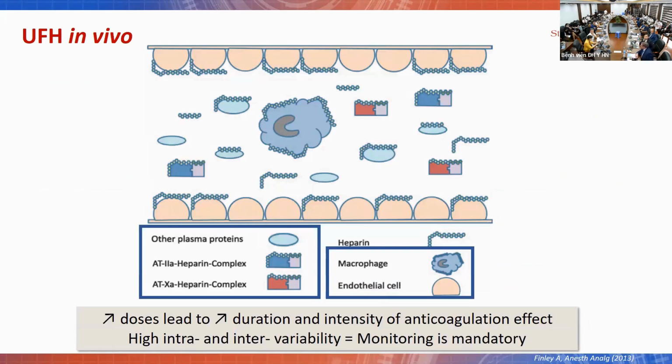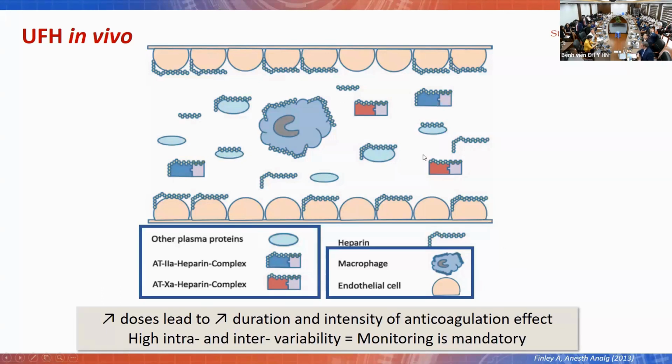So here is a representation of what happens when we inject heparin to patients. So first, heparin will bind to various proteins and cells. The one of interest is the antithrombin, to potentiate and to inhibit the factor 10A and factor 2A, here thrombin and factor 10A.